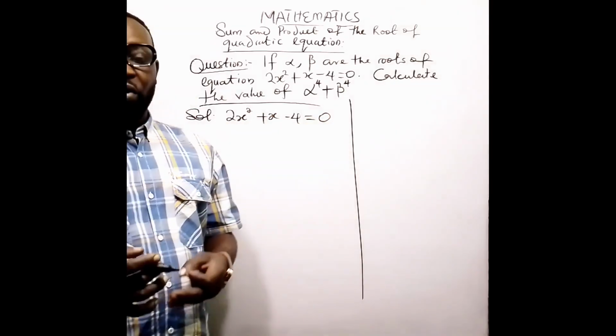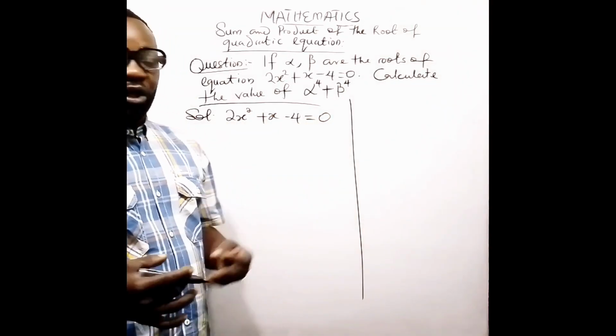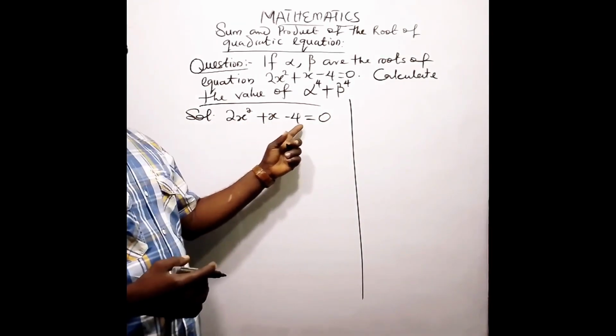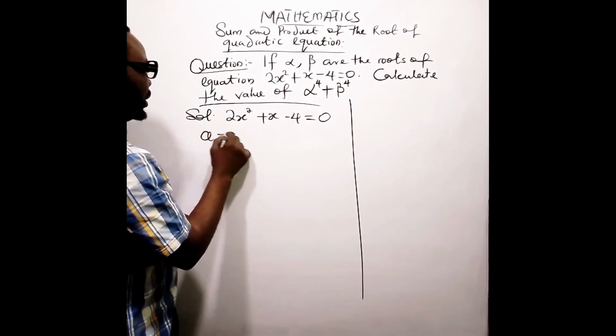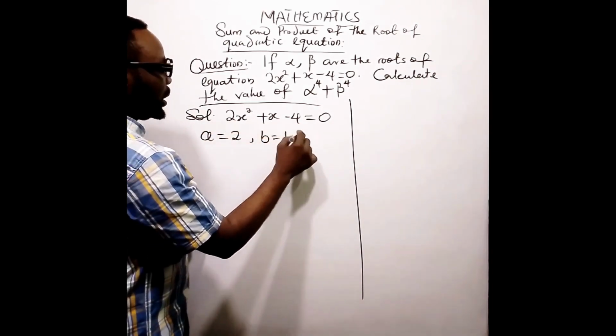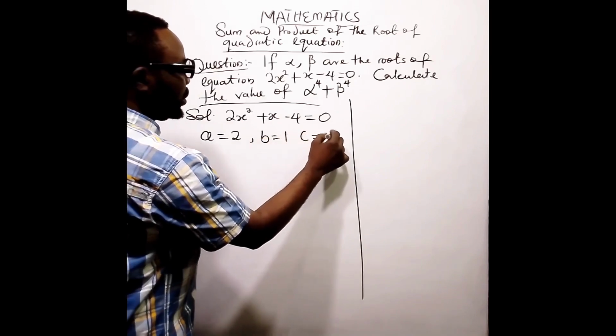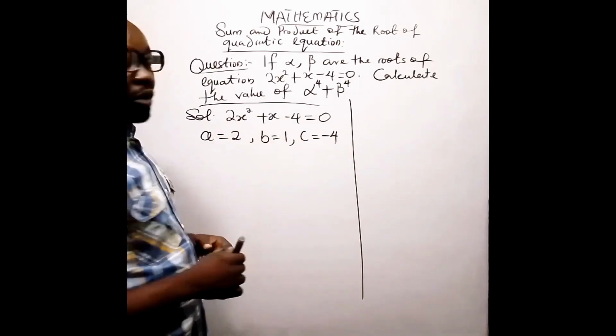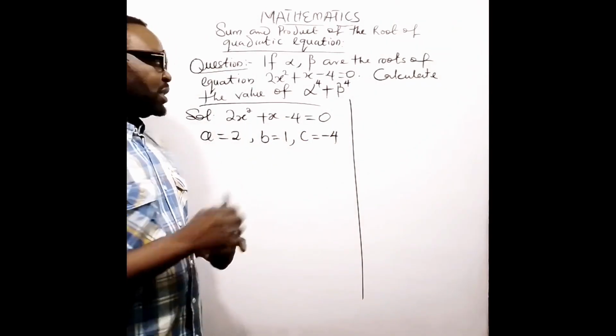I need to find the values of a, b, and c, which are the coefficient of x squared, the coefficient of x, and that of the constant. A is equal to 2, b is equal to 1, and c is equal to minus 4. A is the coefficient of x squared, b is the coefficient of x, while c is the constant value that we have here.